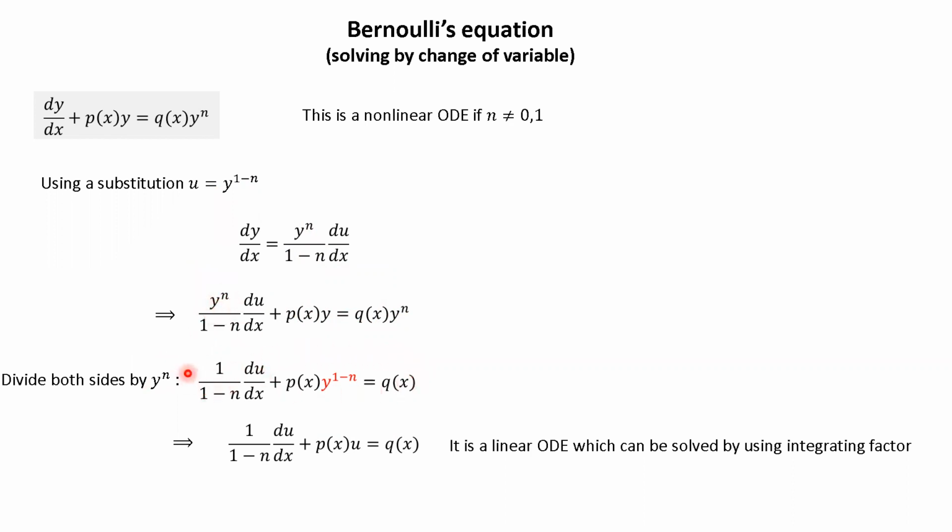And then this one is exactly just u. So after making this variable substitution, I convert the ODE to this form. This is an ODE for u, and it is a linear ODE. If you arrive at this step, then you just use the integrating factor.